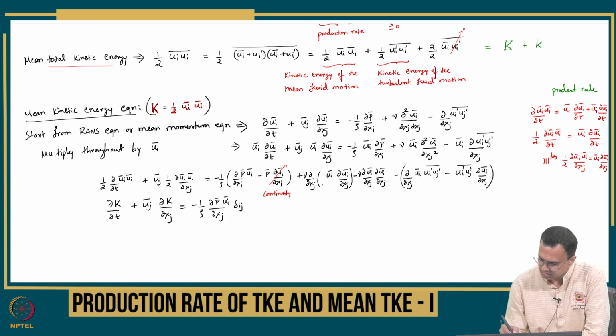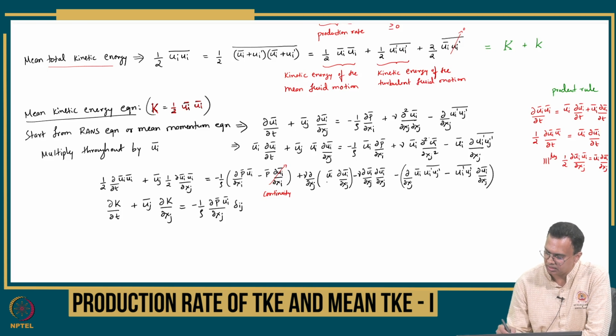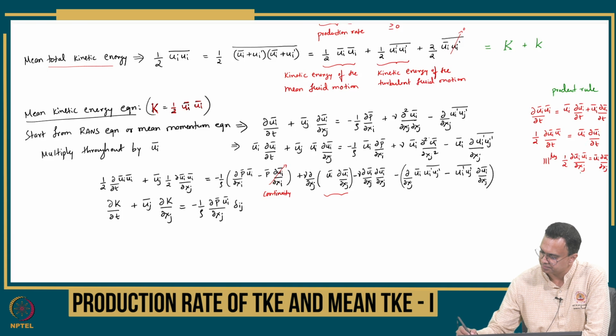I have the viscous diffusion rate term, so I can move this ui bar again here. If you recollect this particular term, ui bar ∂ui bar/∂xj is already here. That is nothing but half of ∂(ui bar ui bar)/∂xj, the advection rate term that we used.